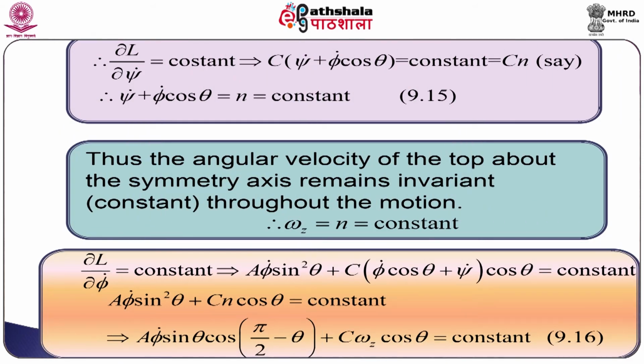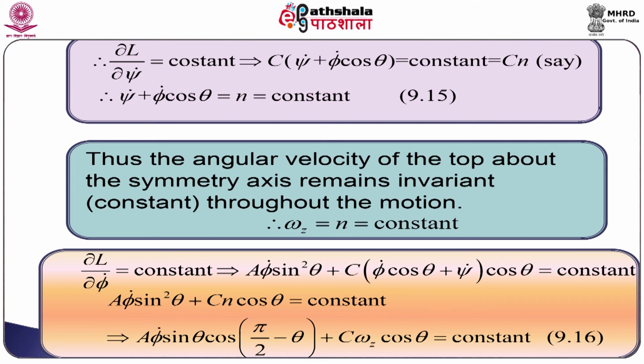If we calculate del L by del psi dot, we get this one, and taking the value of constant as C into n, we get this result. N is called the spin of the top. Thus, the angular velocity of the top about the symmetry axis remains invariant, that is constant, throughout the motion.